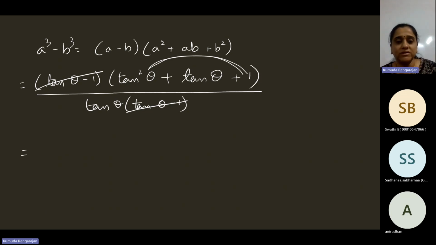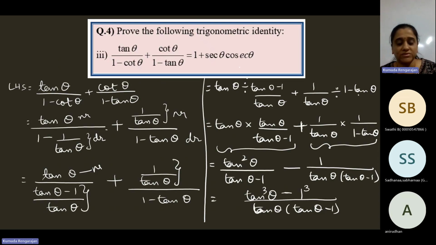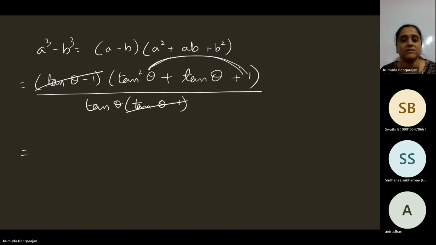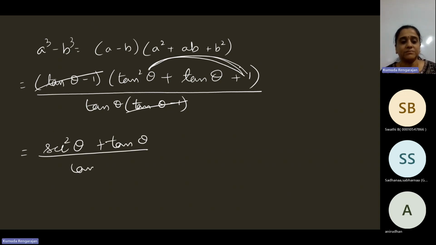Now here in the numerator there are 3 terms, but in the RHS there are only 2 terms. So we can write 1 plus tan square theta as secant square theta. Secant square theta plus tan theta by tan theta. So now divide individually: secant square theta by tan theta plus tan theta by tan theta.